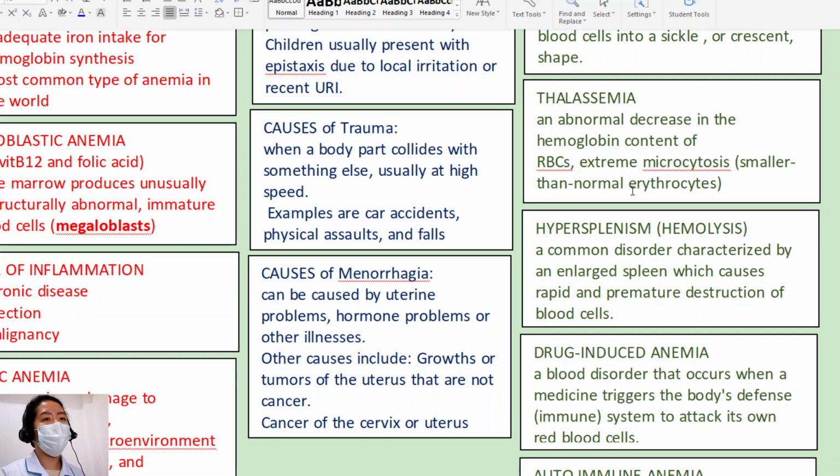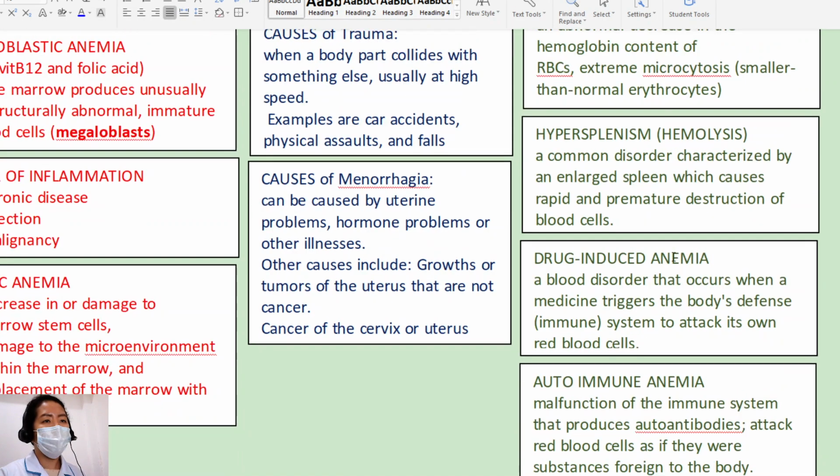Thalassemia: an abnormal decrease in the hemoglobin content of RBCs, extreme microcytosis, smaller than normal erythrocytes. Hypersplenism, hemolysis, a common disorder characterized by an enlarged spleen which causes rapid and premature destruction of red blood cells.